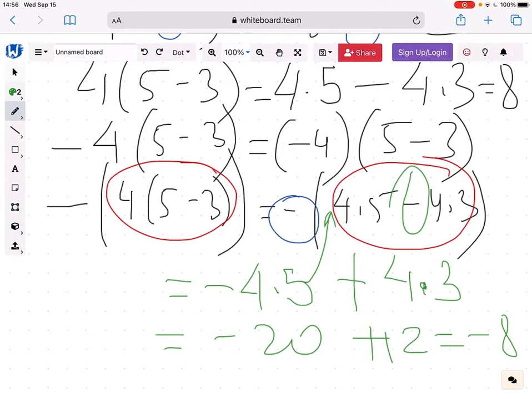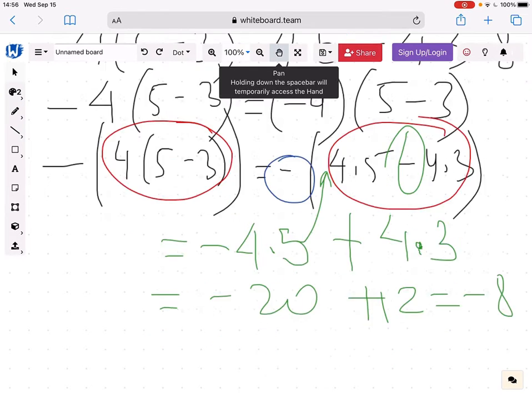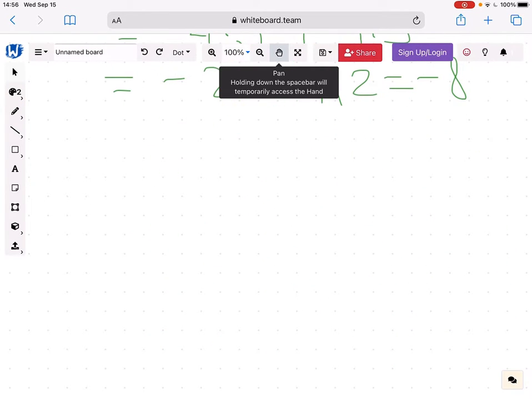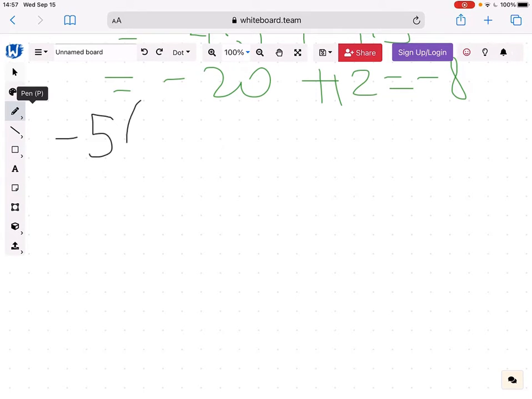Now, a similar thing is going to go with our equations. If we have a simple formula with x, let's say I have minus 5 times (2x minus 3).